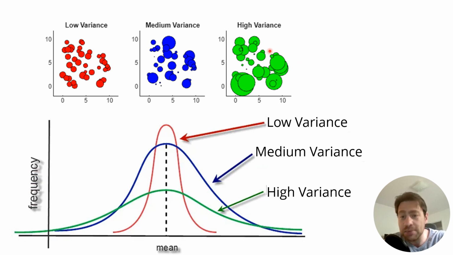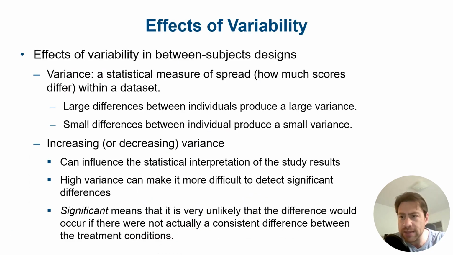Some dots are very, very large, and others are very, very small, and you have gradations in between. And the corresponding green curve on the bottom depicts many scores falling far above the mean and many scores falling far below the mean. All right, so that's the idea of variance, which measures the variability within some data sets.